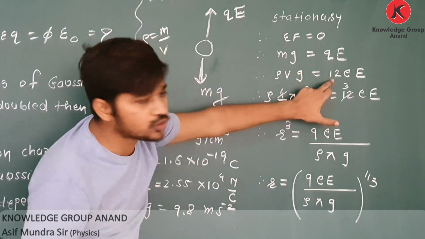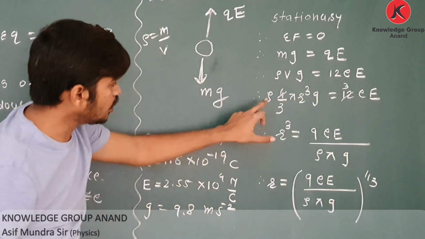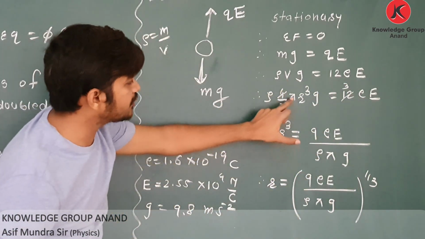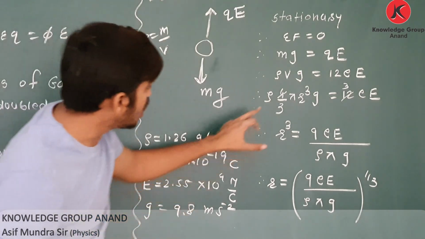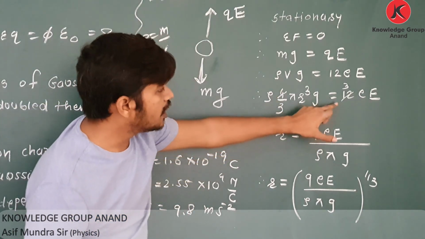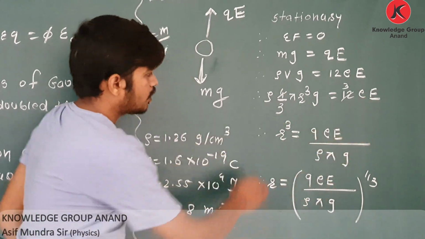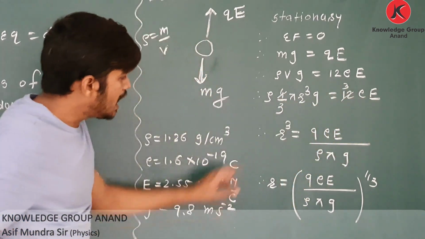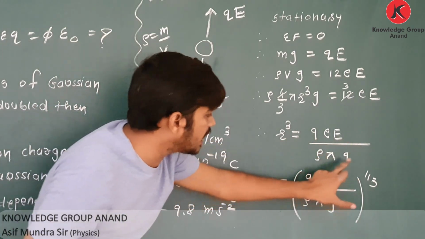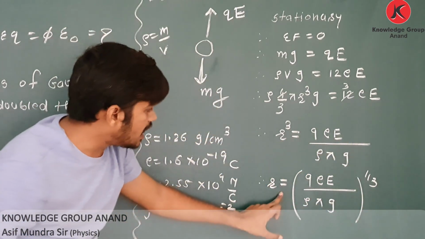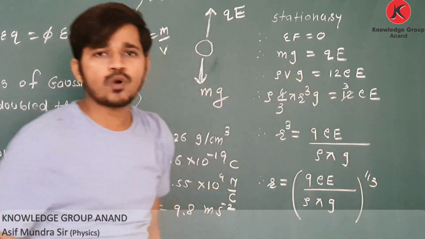So charge on it is 12e. V is 4 by 3 pi r cube, because the oil drop is a sphere of radius r. So rho into 4 by 3 pi r cube g is equal to 12 e E. Make r cube the subject. So r cube is equal to QE upon rho into 4 by 3 pi g. Make r the subject. r is equal to this whole term raised to 1 by 3.